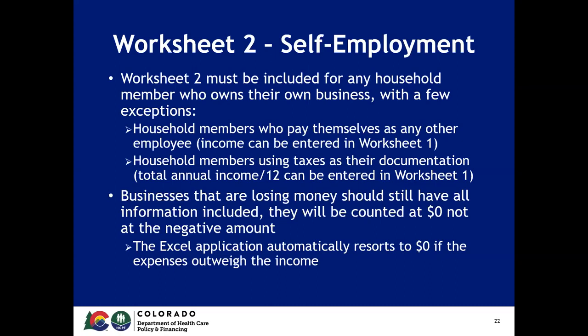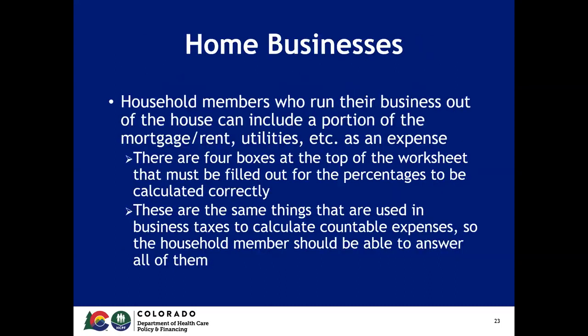Thank you, Crystal. Okay, so for businesses that are run out of the home, the household member can include a portion of the mortgage or the rent, the utilities, et cetera, as an expense. There are 4 boxes at the top of that worksheet that must be filled out for those percentages to be calculated correctly.